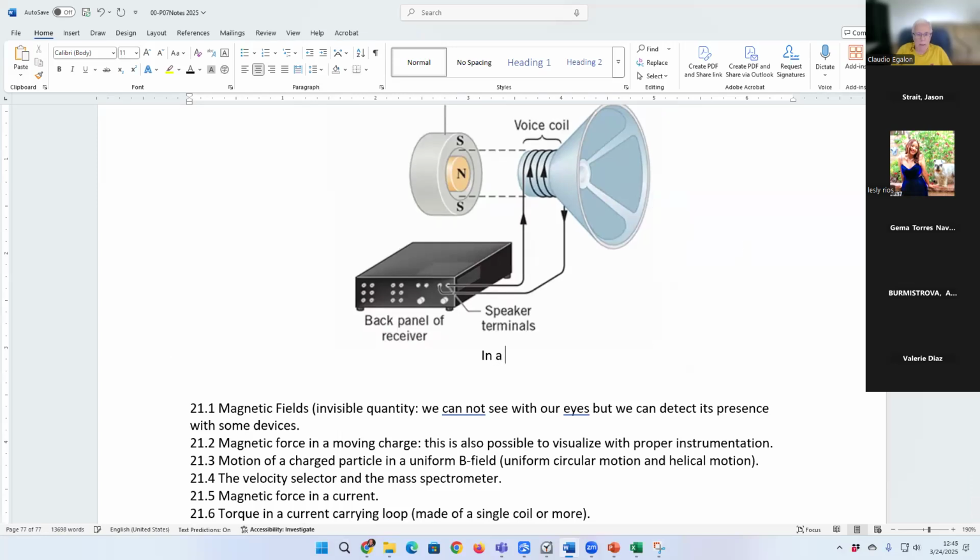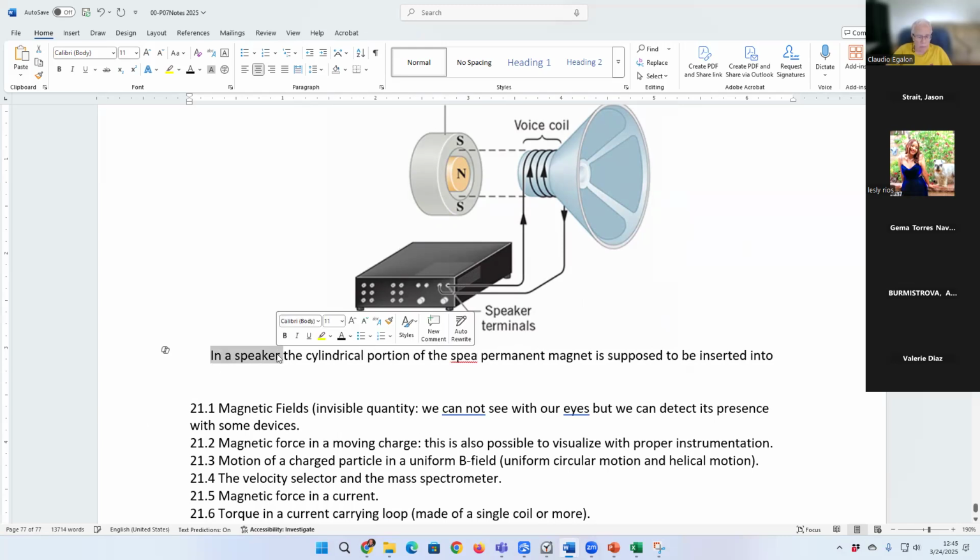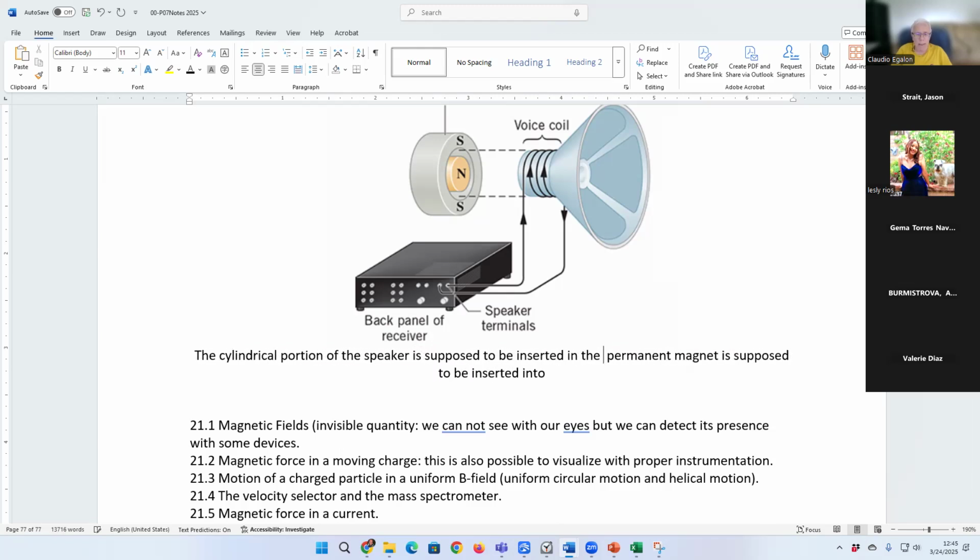In a speaker, the cylindrical portion of the speaker is supposed to be inserted in the gap of the permanent magnet, right?